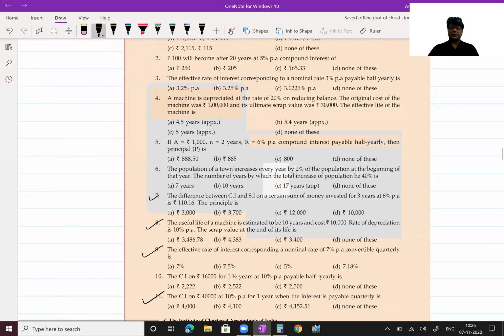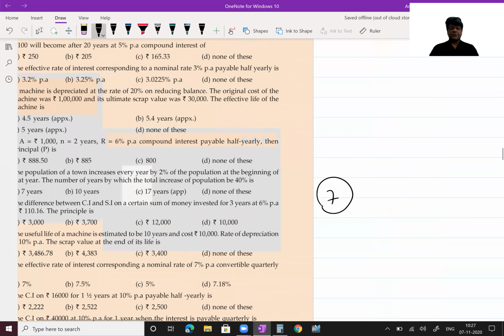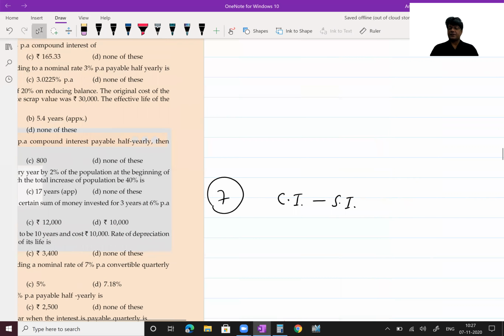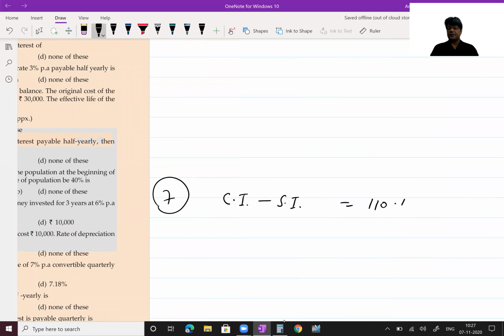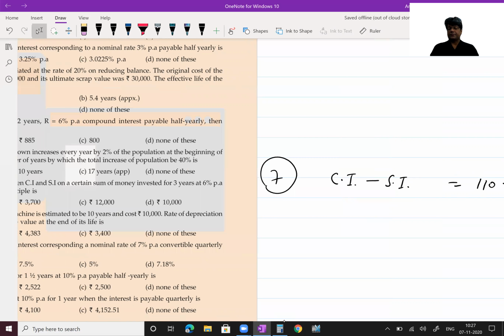So the difference between CI and SI on a certain sum of money invested for 3 years. Guys, see question number 7. Question number 7 is the difference between CI and SI, CI minus SI, on a certain sum of money invested for 3 years at 6% per annum is 110.16. Remember, this is the compound interest formula, not the amount.